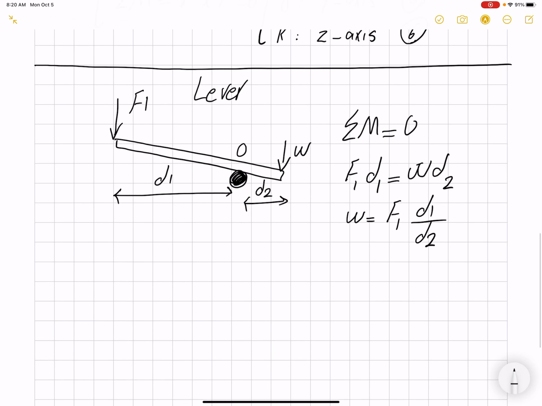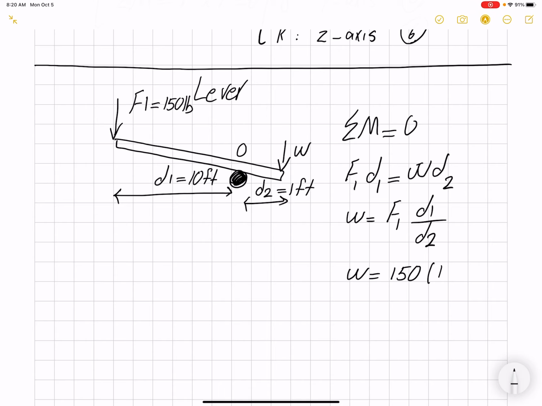If I want to give an example, let's say we can apply 150 pounds, and the distance is 10 feet here, and then here we place it at only 1 foot. We want to see, if we apply 150 pounds, how much load can we lift?